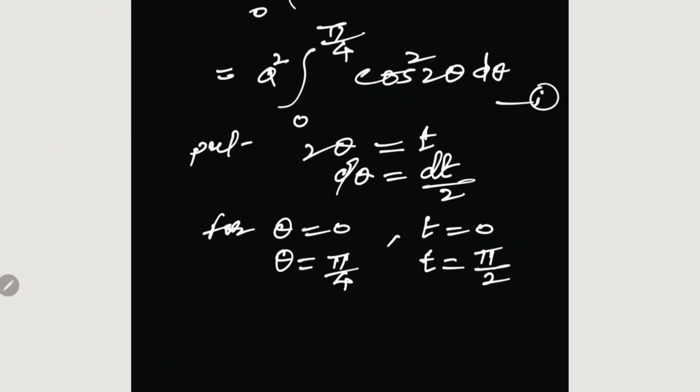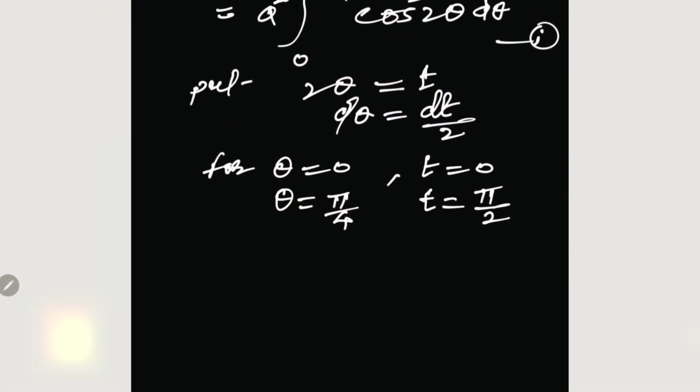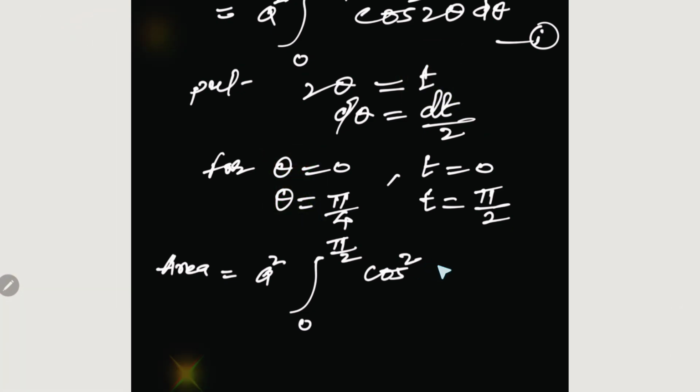Substituting this information in equation 1, therefore area is equal to a square, the new lower limit for t is 0 and the upper limit is pi by 2, and cos square 2 theta.